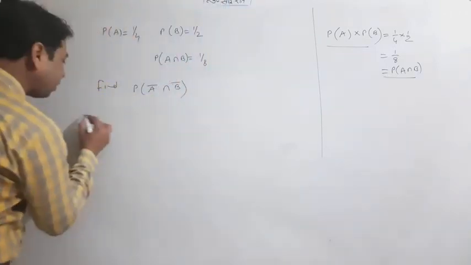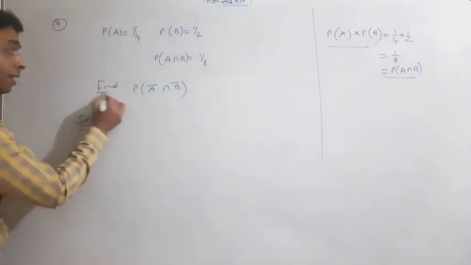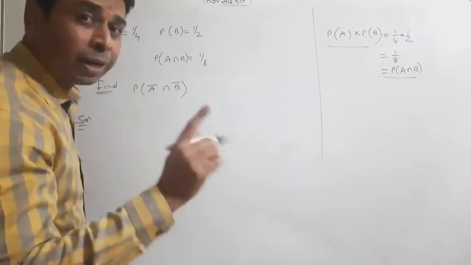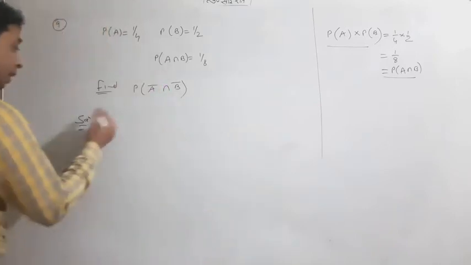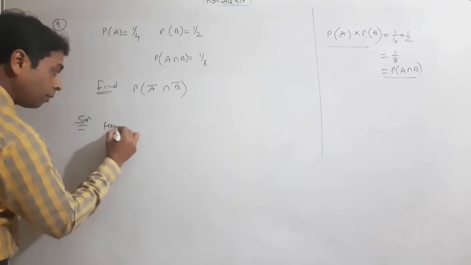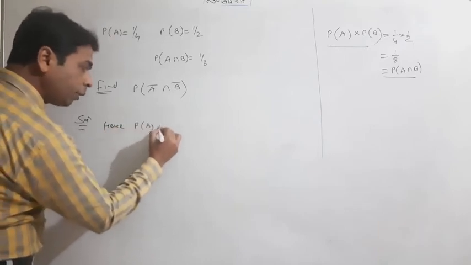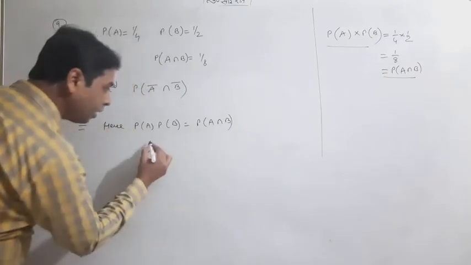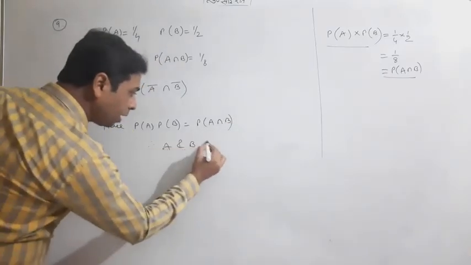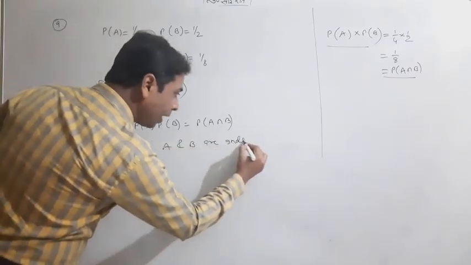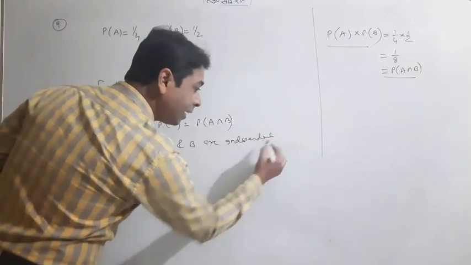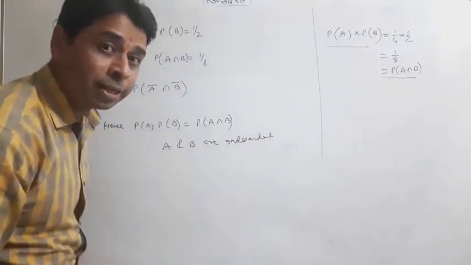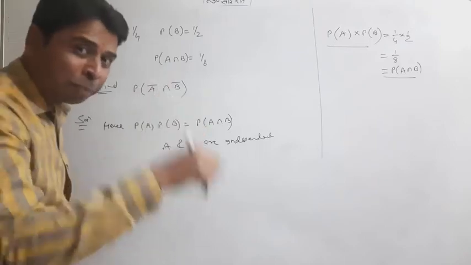So I'll write the solution. We want to find the value of this one, and I can find the answer within a second. P of A into P of B is coming as P of A intersection B. It means A and B are independent. And if you remember, recently I taught you that when A and B are independent, A not and B not are also independent.